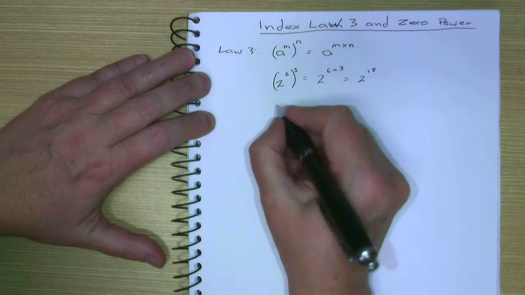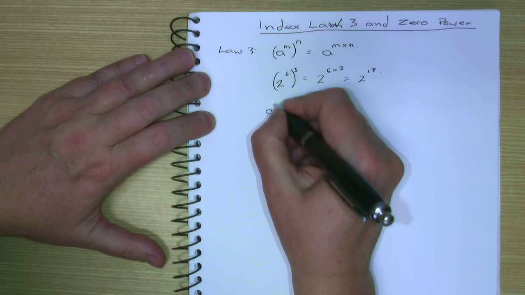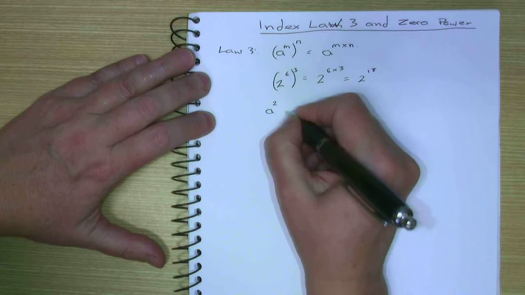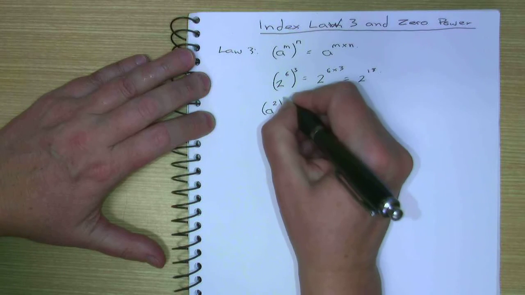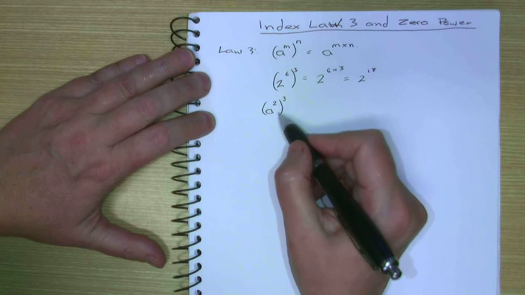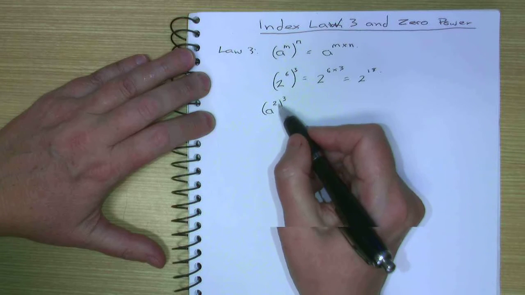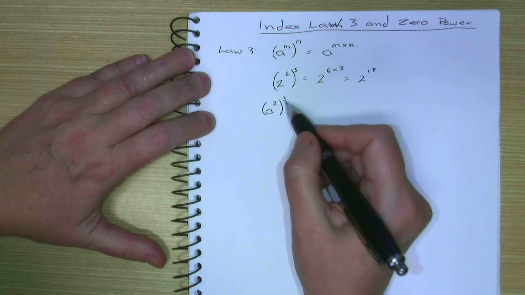So why is that so? An example would be if I had a to the power of 2 and then all of that to the power of 3. That means everything inside the brackets to the power of 3, so everything inside the brackets times itself 3 times.